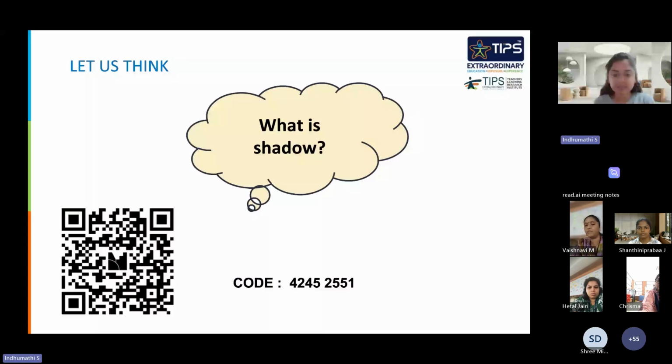Participants, you can click on the Mentimeter link given in the chat box, or you can scan the QR code that is displayed on the slide and kindly type in your response. What is shadow? There is no right or wrong answer. Just type whatever comes to your mind and then give submit.